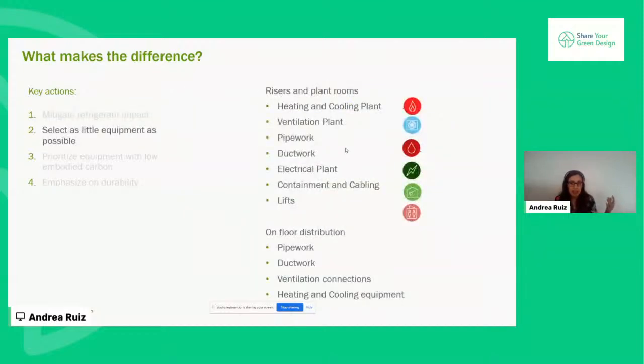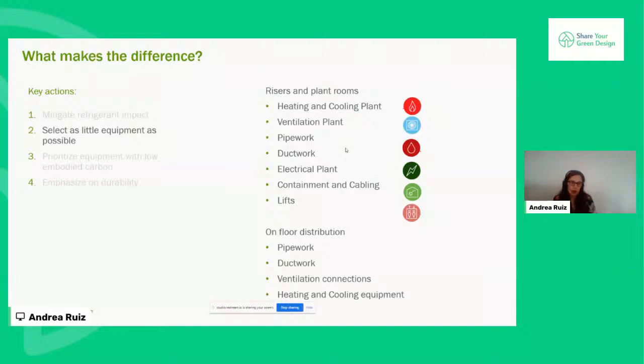The next one is selecting as little equipment as possible, which obviously is something that we always try to achieve. But the intention there is to bring the entire design team to be part of the solution, and to define how we could adapt the building to enhance this.